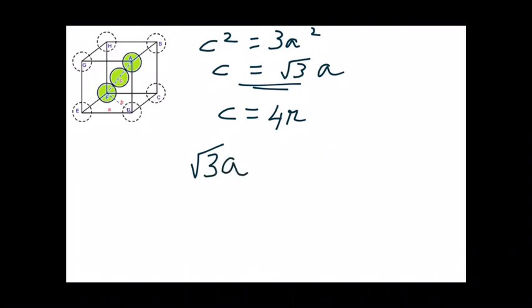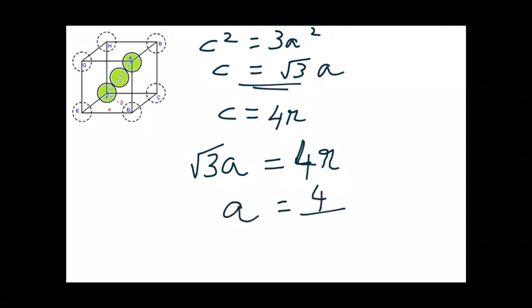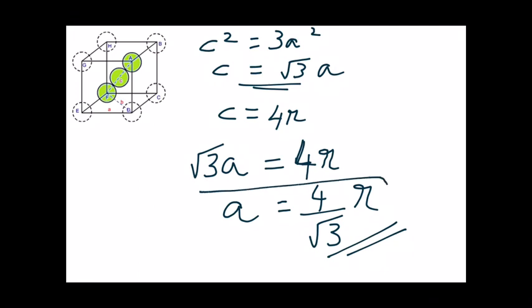Root 3A is equal to 4R. Hence, A is equal to 4 by root 3 R. So in the case of body-centered unit cell, the edge length A is equal to 4 by root 3 R. So keep this in mind.